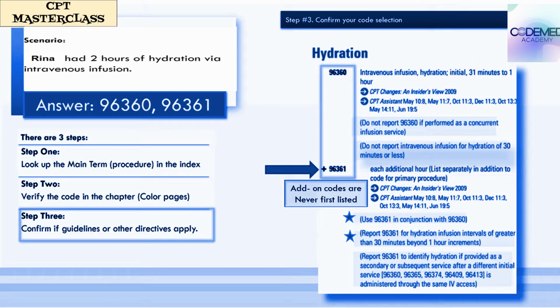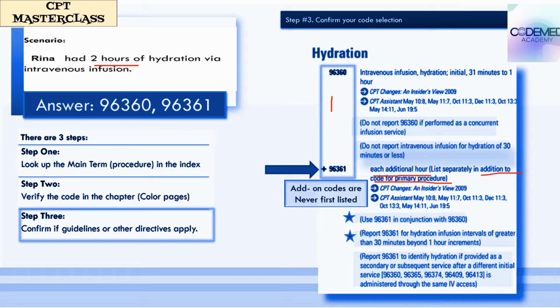Now the first code 96360 talks about intravenous infusion hydration initial 31 minutes to 1 hour. So what you have realized is that it starts from 31 minutes to 1 hour. So 96360 covers the first 1 hour. Now in our patient, the hydration happened for 2 hours. So we need to add that additional hour. So if you see the code 96361, it is each additional hour in addition to the code for the primary procedure.